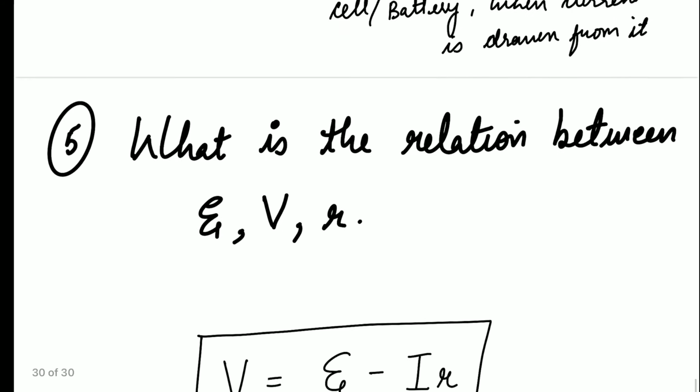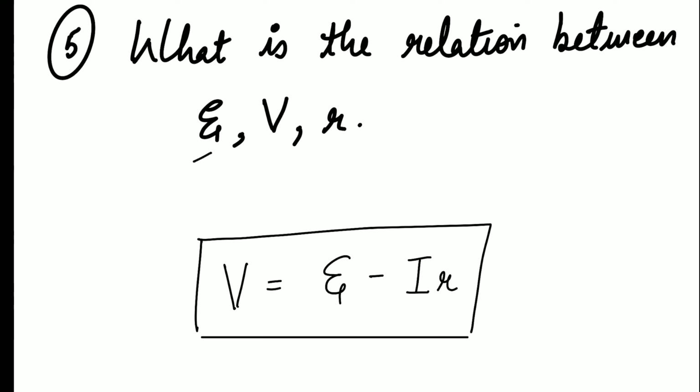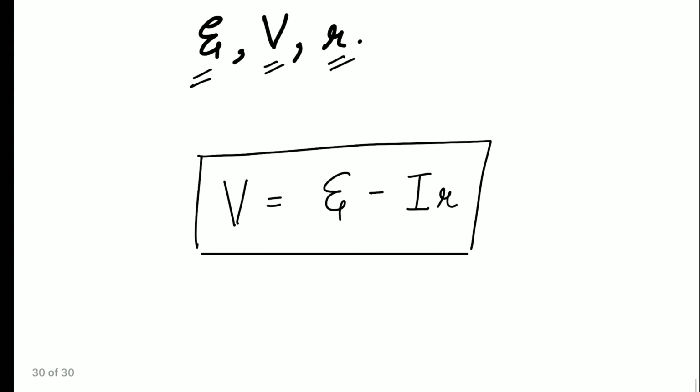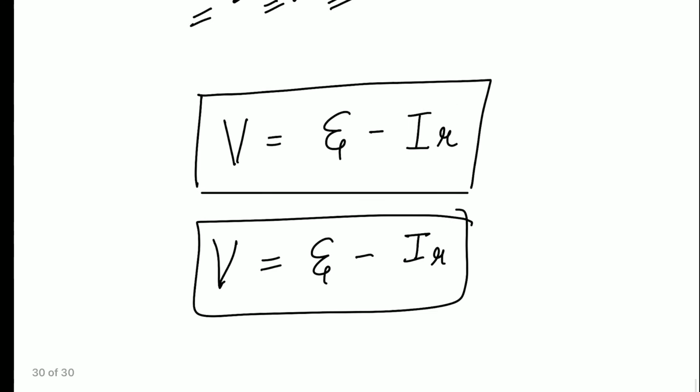So the relationship between your EMF, your terminal voltage and your internal resistance is given as: your terminal voltage is actually equal to EMF minus I times r, right? I hope you guys can understand. It's pretty simple.